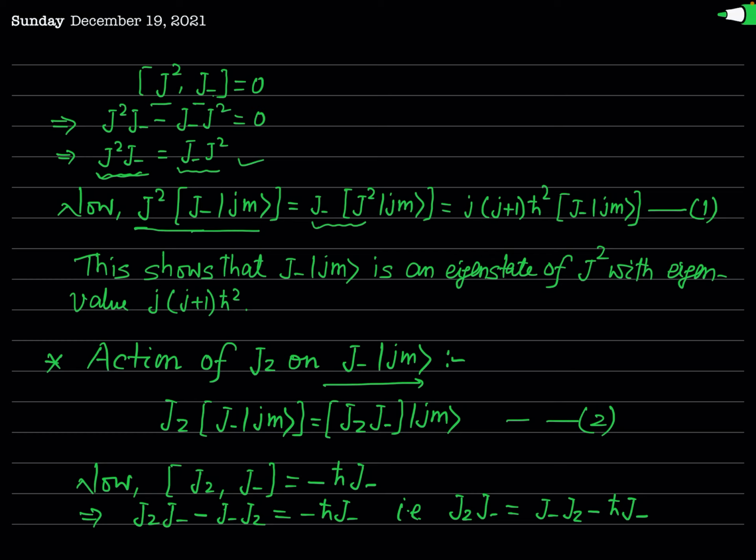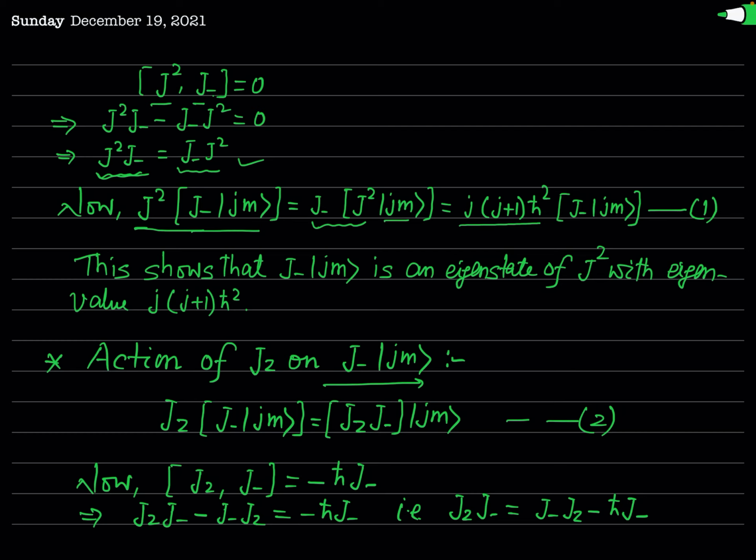But you know J²|k,j,m⟩ is the eigenvalue equation of the operator J², and you know the eigenvalue of this J² operator will be j(j+1)ħ², and here this J₋ will now be operated on this |k,j,m⟩. So see this equation. What is this?